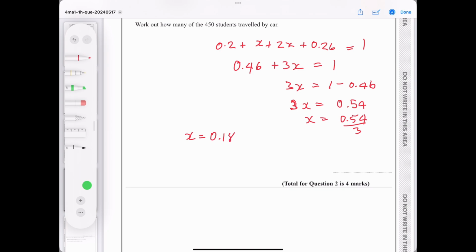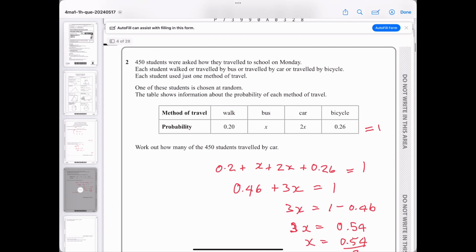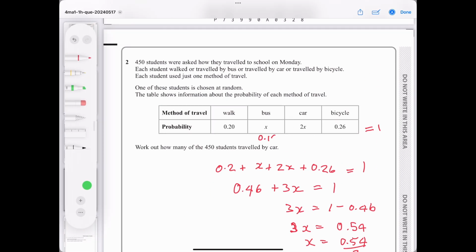So that means we can now go back to this little system and put in 0.18 and 0.36, which is 2 times that. Travelling by car would be 0.36 times 450, and that would be about 45, 90, 135.